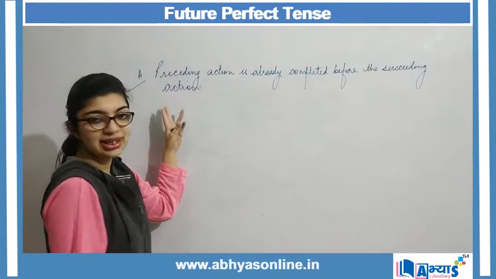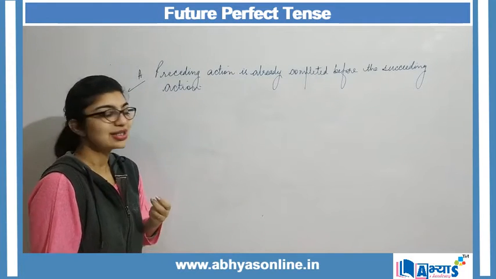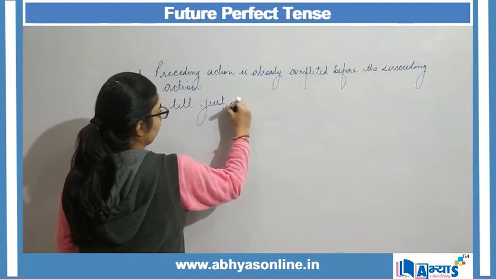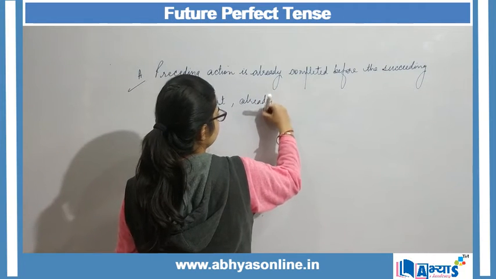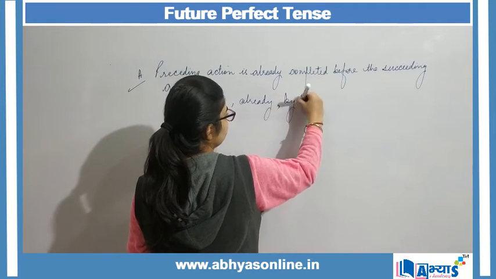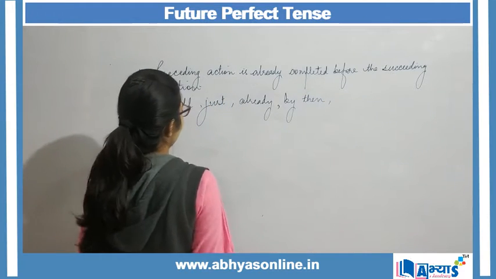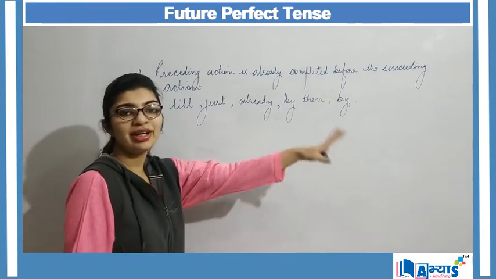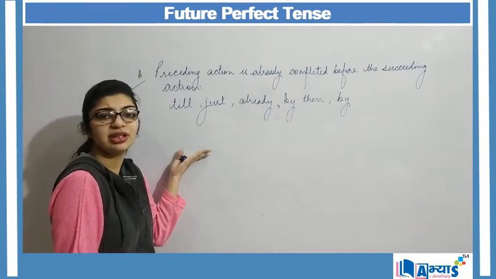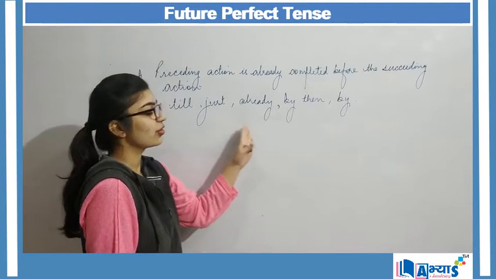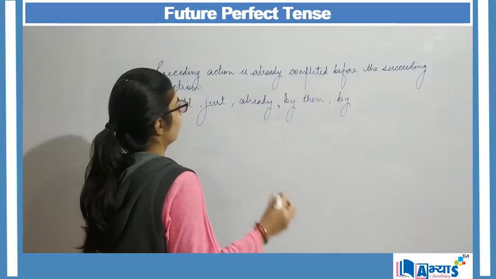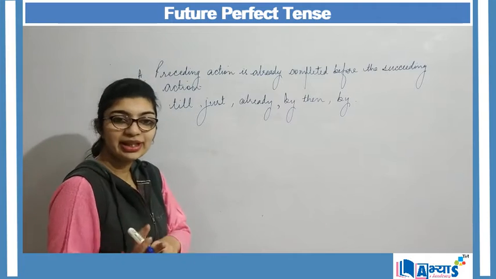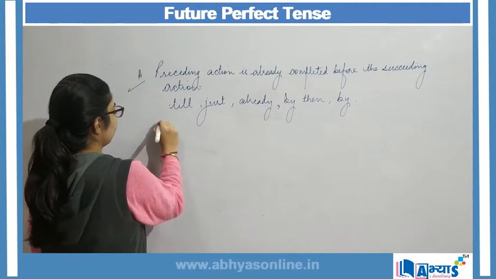Now this case may include words like till, just, already, by then, by, etc. There are many other words, but here we can just give a few examples like till, just, already, by then, by.